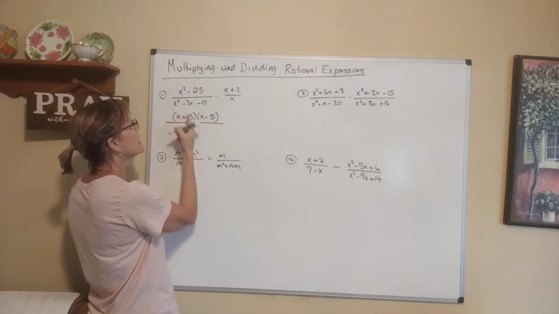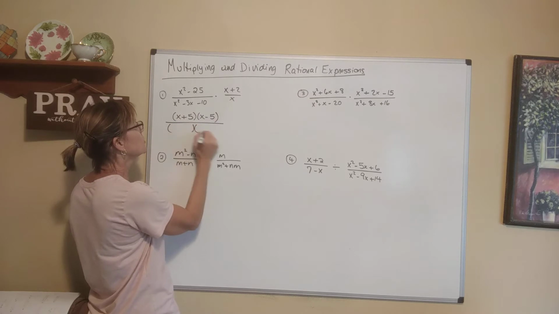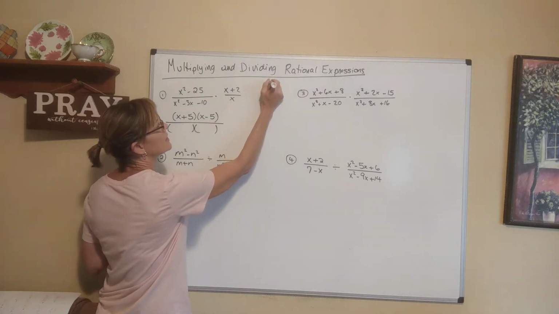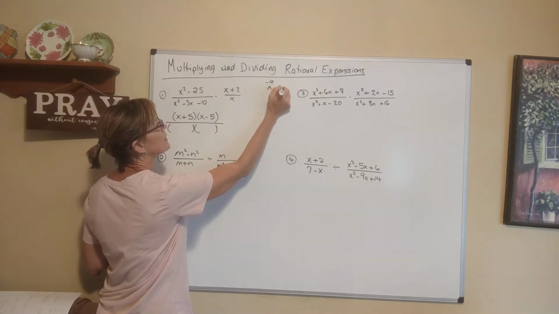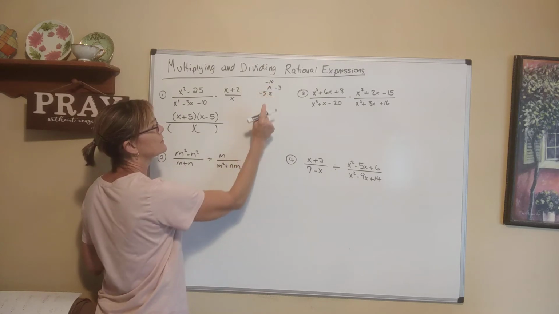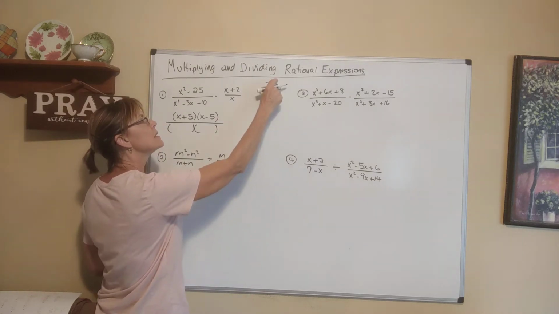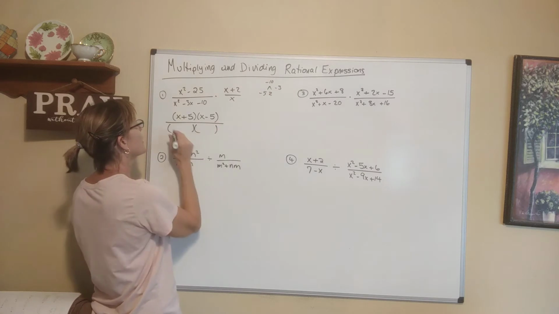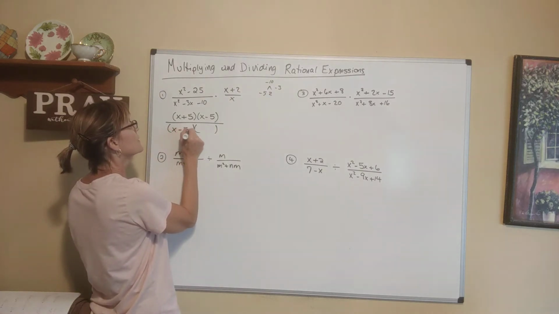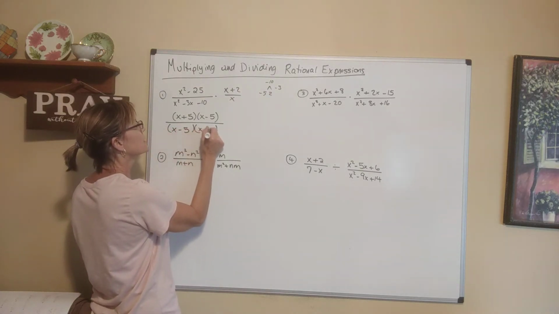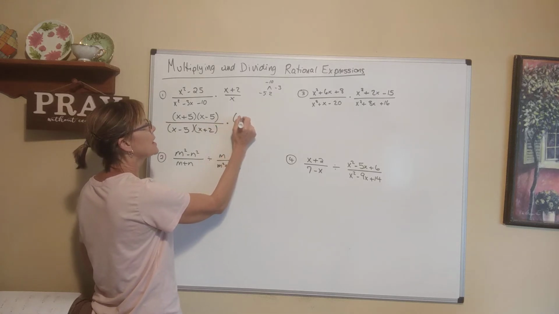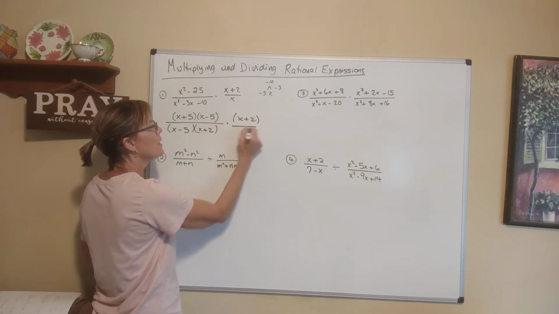The denominator here can factor into, let's see, I have a negative 10. I want two things to add up to be negative 3: negative 5, positive 2. This times this is this. This plus this is this. This will factor into x minus 5 times x plus 2, times x plus 2 over x.